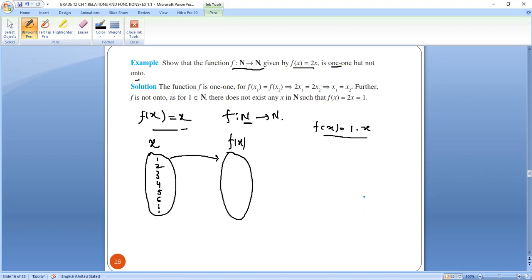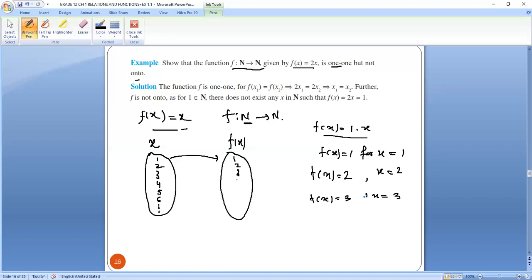Then f(x) will depend upon x. f(x) is not an independent value, it depends upon x. If x is 1, then f(x) is 1. If x is 2, then f(x) is 2. If x is 3, then f(x) is 3.